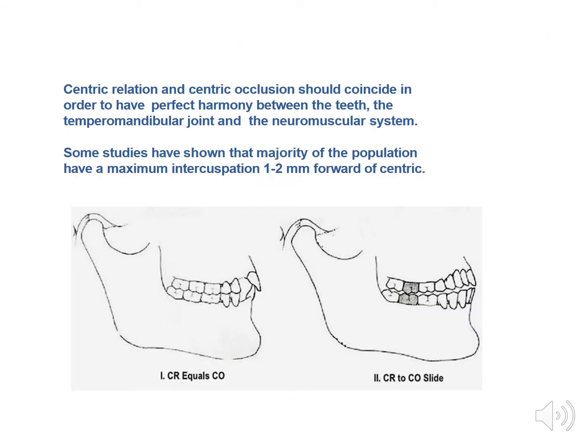Centric relation and centric occlusion should coincide in order to have perfect harmony between the teeth, the TMJ, and the neuromuscular system. Some studies have shown that the majority of the population have a maximum intercuspation 1 to 2 mm forward of centric. So the occlusion is related to the position of the condyle.